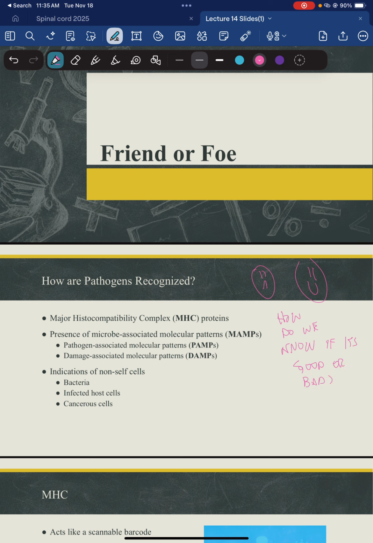So all of our cells essentially have a barcode on the outside of them that our other cells can scan. And this is the major histocompatibility complex proteins. They're MHC. These are essentially your immune system genes, at least in a sense of the word. And it's a combination of proteins on the outside of your cell. Here's our cell. So our cell is coated with lots of proteins that stick out.